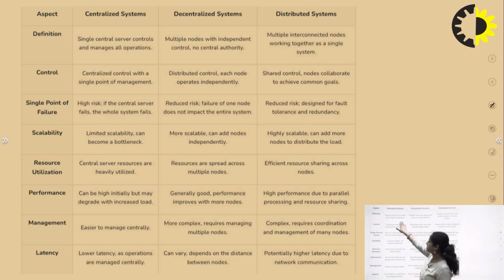In a centralized system, there is a single central server which controls and manages all the operations. In a decentralized system, there are multiple nodes with independent control and no central authority.